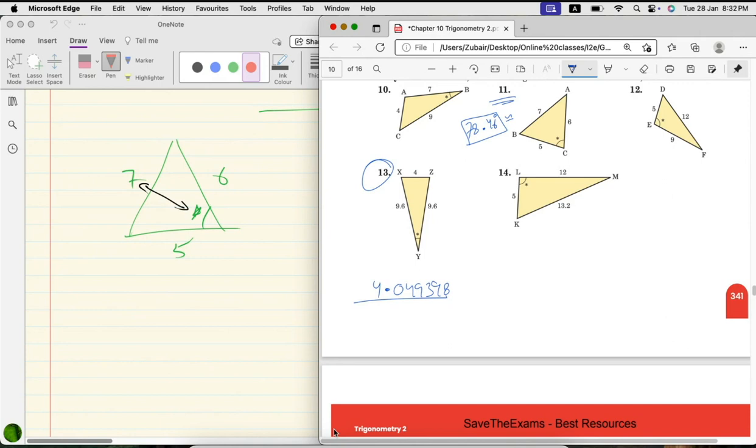Getting 11.95. I'm getting a different answer, and I've just not written my first digit. So 1 second.